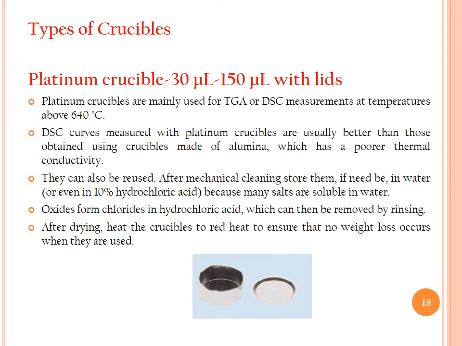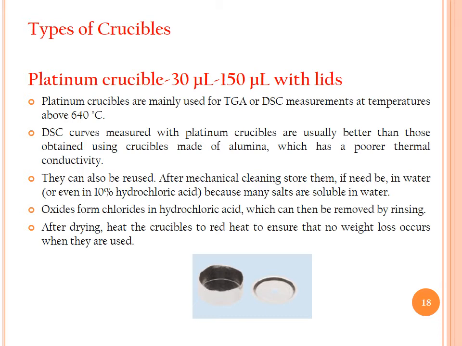Now another type of crucible is the one made of platinum. These are called platinum crucibles, that have a capacity of 30 to 150 microliter to hold the sample. These types of crucibles are also used with lids.